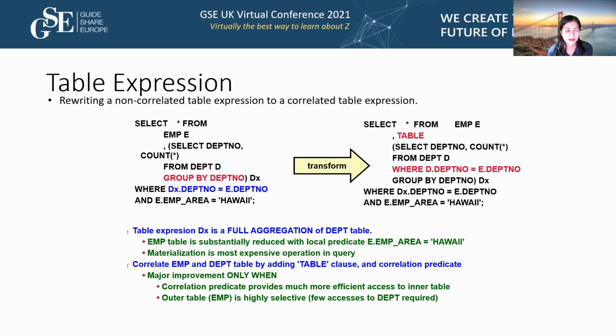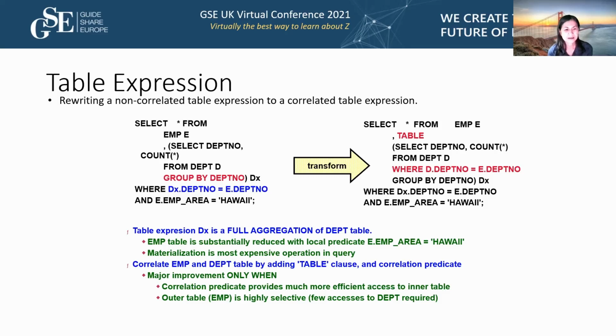The employee table is substantially reduced with a local predicate, employee_area equal Hawaii. So this employee table will be substantially reduced with this local predicate. This materialization is very expensive because there's no filtering.